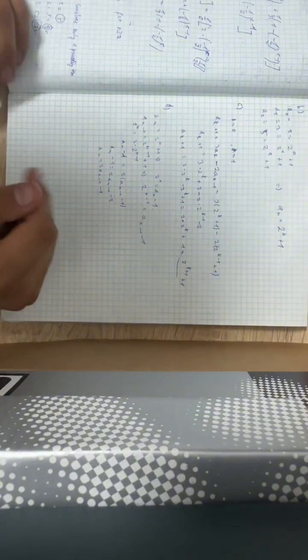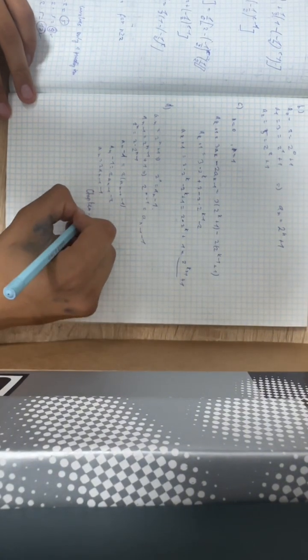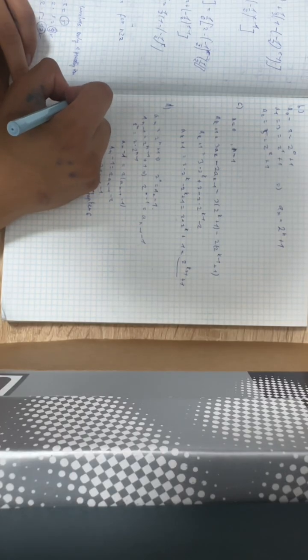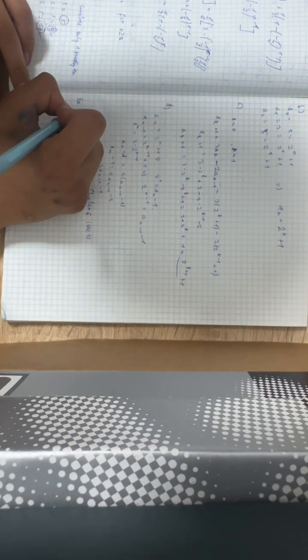So now we move to chapter 6, section 2, and begin from exercise 6.